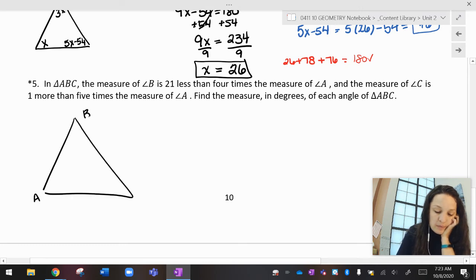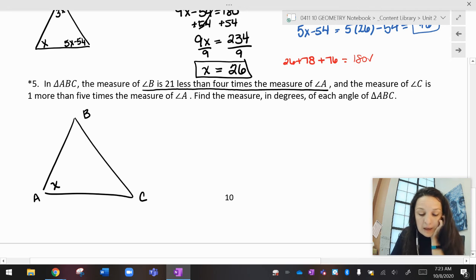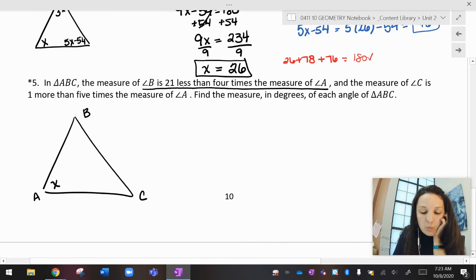Triangle A, B, C. B is 21 less than 4 times A. Okay, so if I'm comparing B to A, A is going to be called X. And if B is 21 less than 4 times A, well, 4 times A would be 4X. And 21 less than that would mean I'm taking 21 away. So B is 4X minus 21.